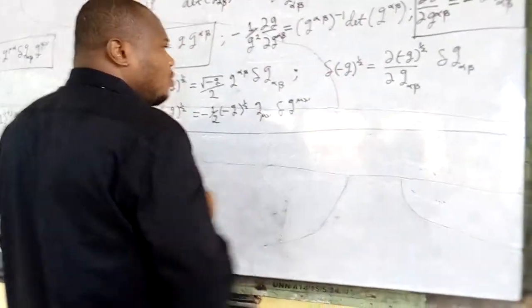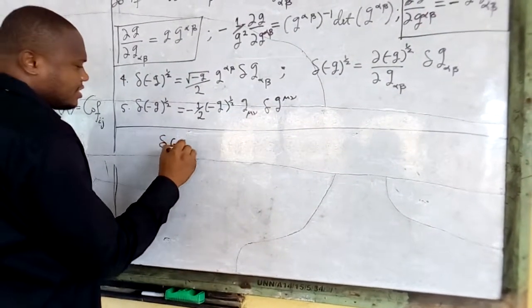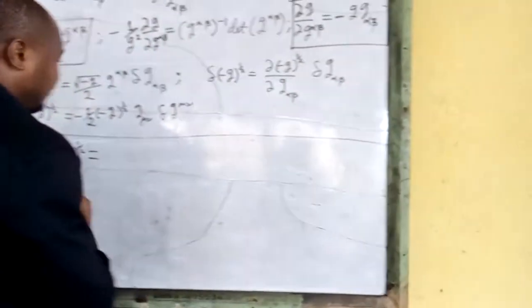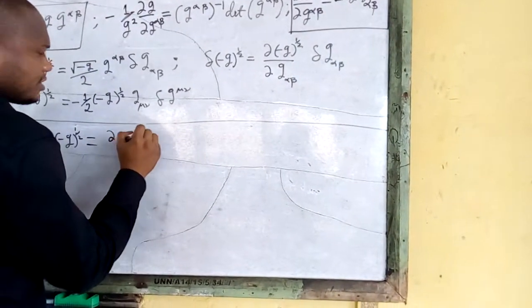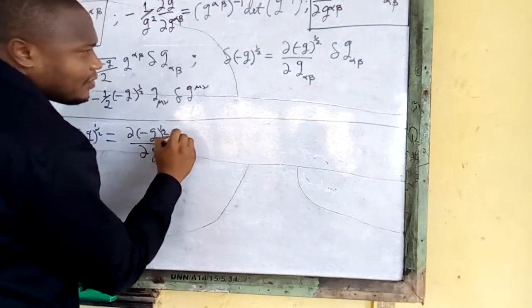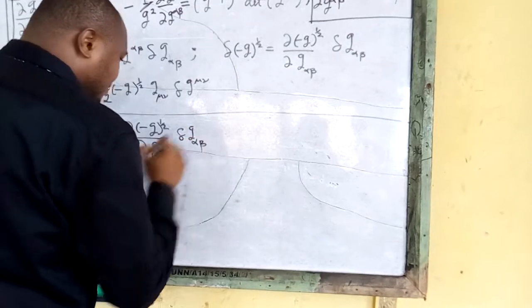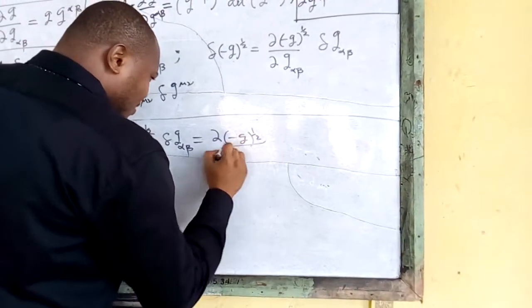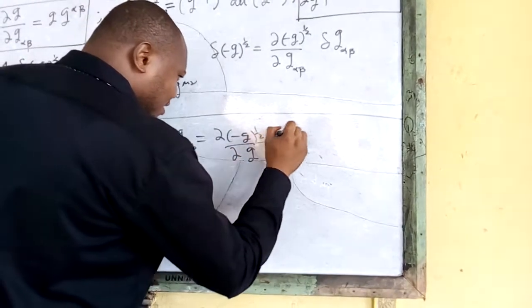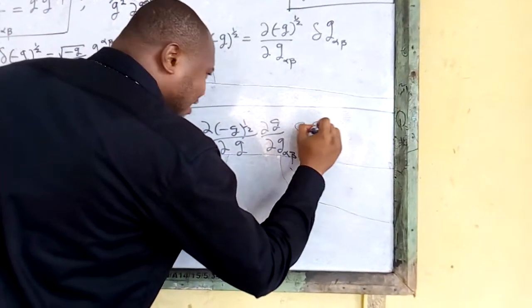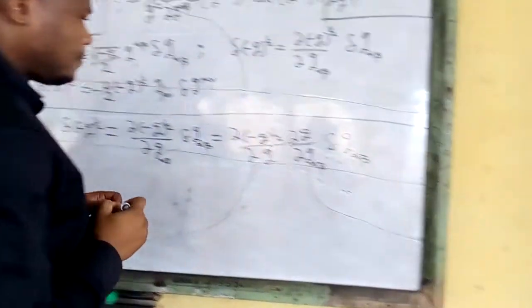For instance, if we want to perform the variation of minus g to the power 1 over 2 here, this, of course, we have demonstrated succinctly as that, the g sub alpha beta, and here g sub alpha beta. Of course, this is the same thing as this, minus g, and here the g, now the g sub alpha beta, and then I have the variation of g sub alpha beta.